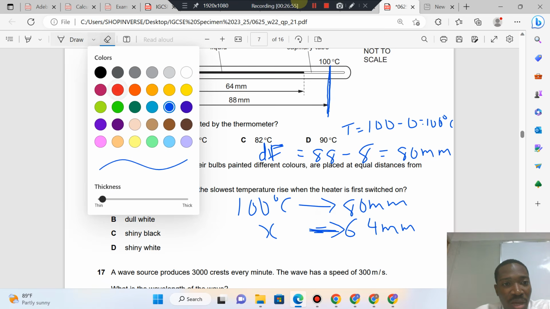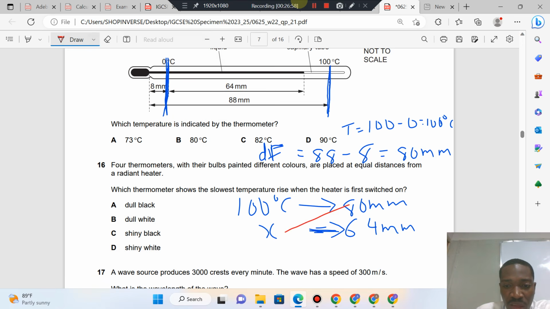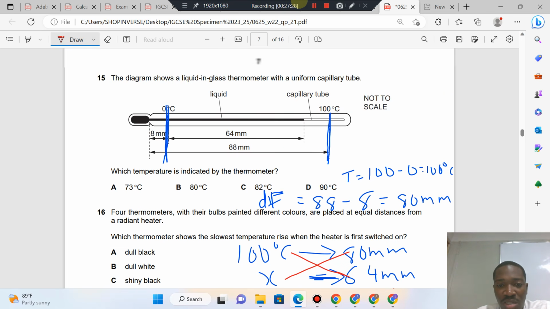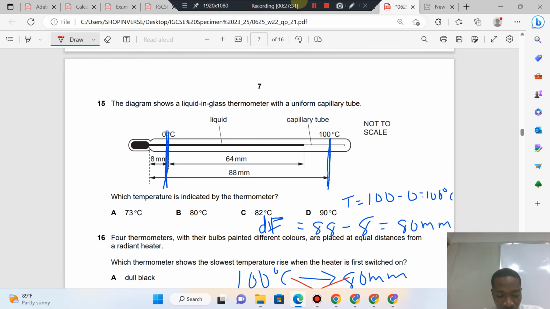So now let me cross multiply. I multiply x times 80, I get 80x, which is equal to 100 times 64. I will get 6,400. So in order to get x, I'll divide both sides by 80. That means my x will be equal to 6,400 divided by 80. I will get 80 degrees Celsius. Good. That is 80 degrees Celsius, which is option C.